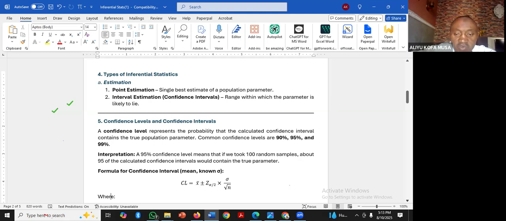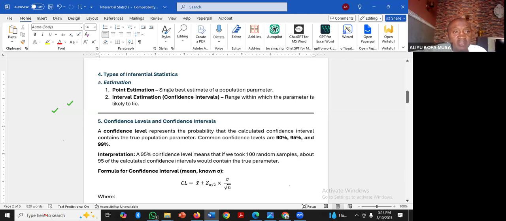The confidence interval is the range within which the parameter is likely to lie. How are we getting it? It's like you have a child and he went out without you knowing.